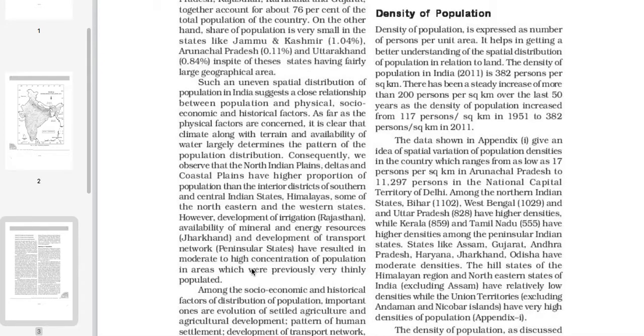Previously, those areas had very little population, but due to the development of irrigation, availability of different types of minerals and a proper transport network, people also started moving to those previously thinly populated areas.